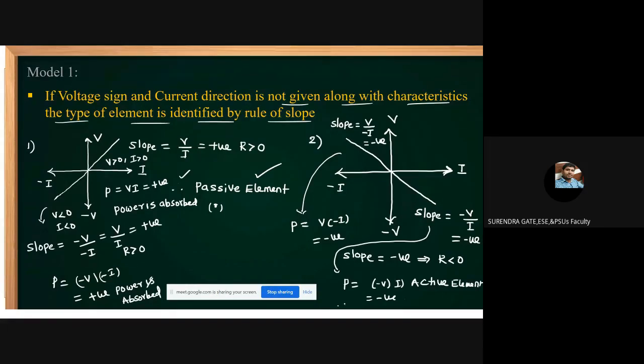But here power is delivered. Which element delivers the power? That's why it is an active element. Like that also we can identify. That means in the first model and second model, both rules we can apply. But in the third model, we can apply only one rule, that is the power rule only. Don't apply the slope.